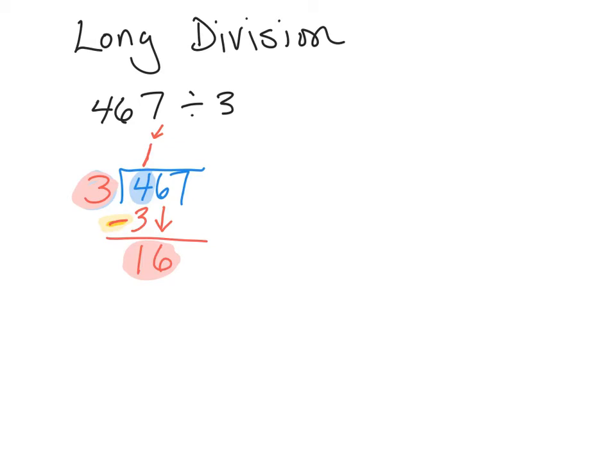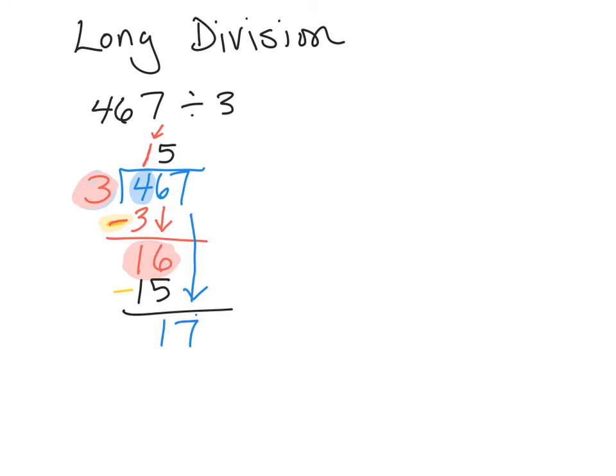And we know that answer is 5. And then we multiply. Again, think about this when you're doing this with polynomials. You're going to be multiplying 5 times 3 to get 15. And then you are subtracting. Don't forget the subtraction here. 16 minus 15 is 1. So we have the 1, and then we bring down the 7.